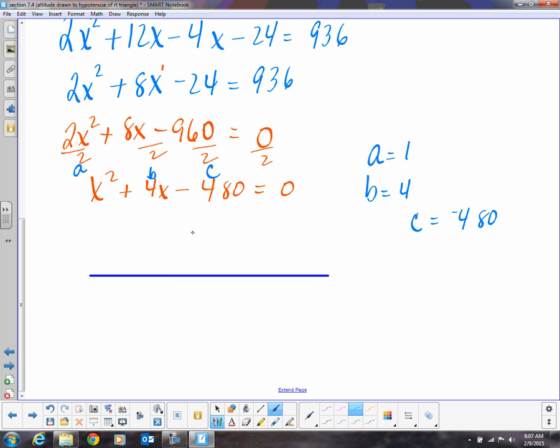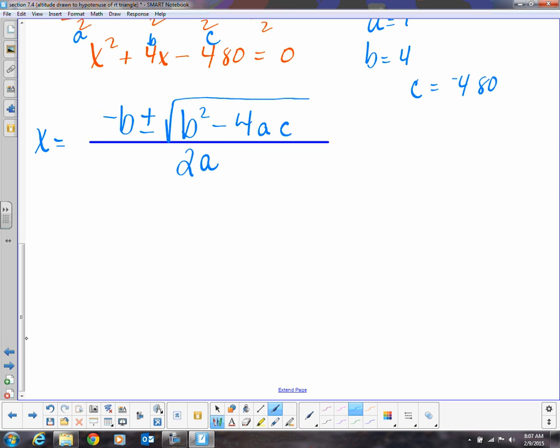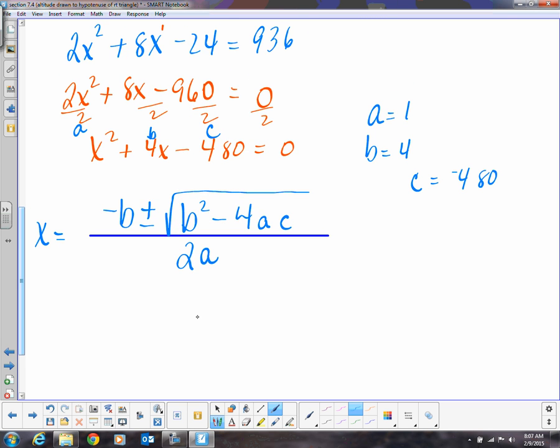But then what do we do? We don't need the x's. Here's the x. x equals, what is it? Opposite of b plus or minus the square root of b squared minus 4 times a times c all over 2a. The expectation is that you know this from Algebra 1.